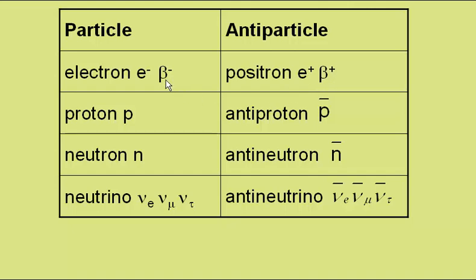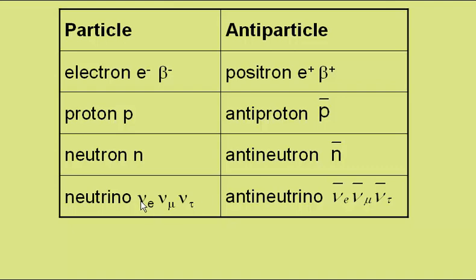The proton, symbol lowercase p, and the antiproton, same symbol but with a line over the top. Likewise for the neutron, lowercase n, the antineutron, lowercase n with a line over the top.